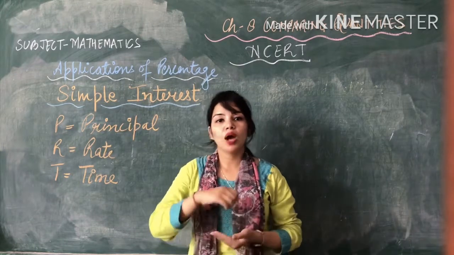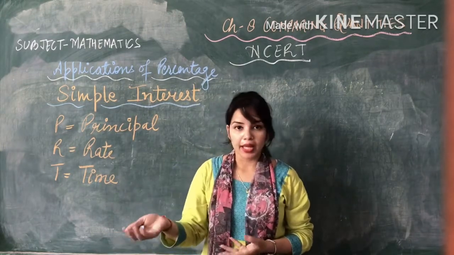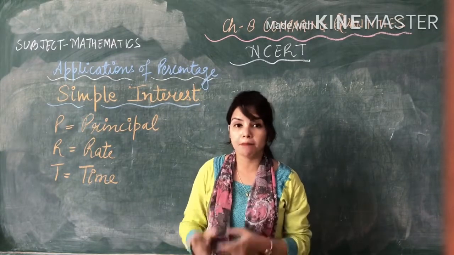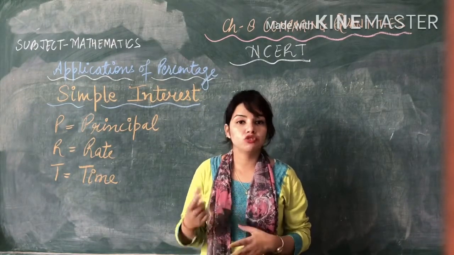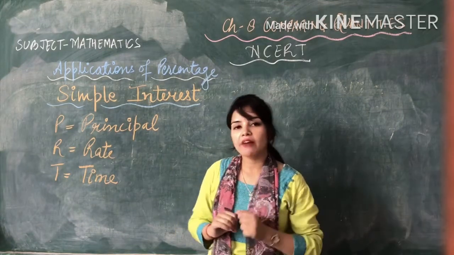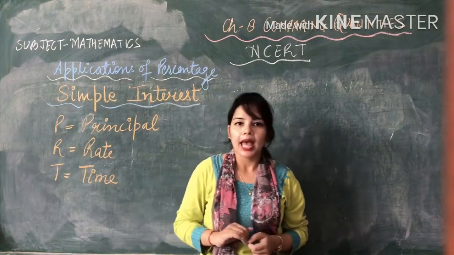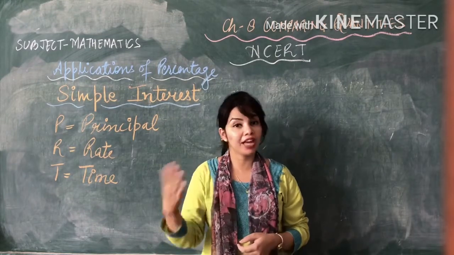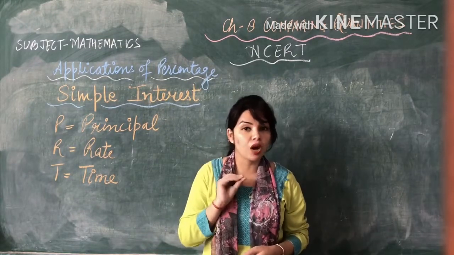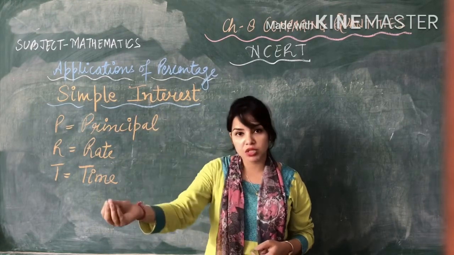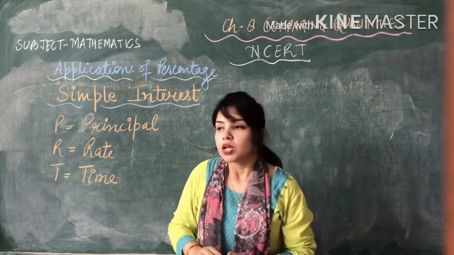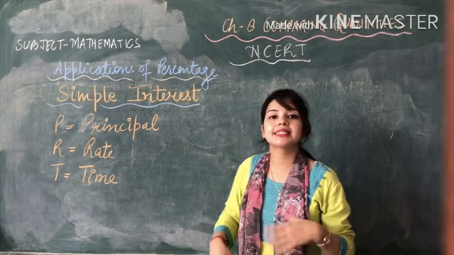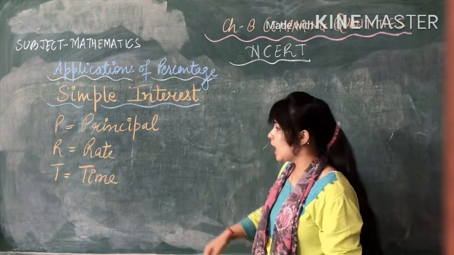After some time you have to return the money to the bank, and when you return it, you have to give some extra money. That is called the interest. Suppose you have taken 50 rupees from your friend and you promised that next week you will give 55 rupees, 5 rupees extra. That will be the interest for that person. The money which we borrow is known as the principal or sum borrowed.